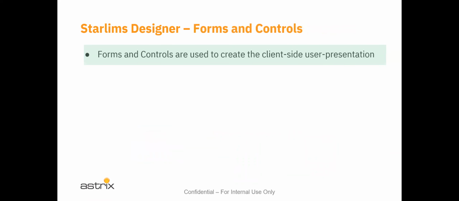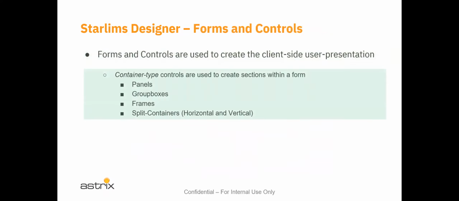So forms and controls are used to create the client-side user presentation, and they occur within the designer environment panes that we looked at earlier. Let's take a look at some of those. The types of controls that we typically use in a STARLIMS environment are panels. The form is the actual base template canvas, if you will, onto which all other controls are placed.